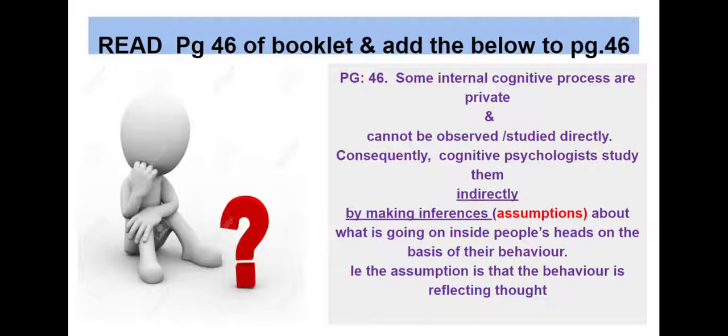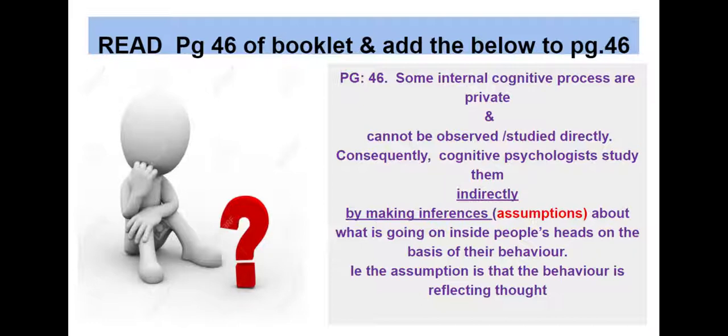Now, this is saying that some internal cognitive processes are private, like thought. So you can't actually directly observe somebody else's thinking. So you will observe them indirectly because you make assumptions, inferences about what is going on inside their heads.